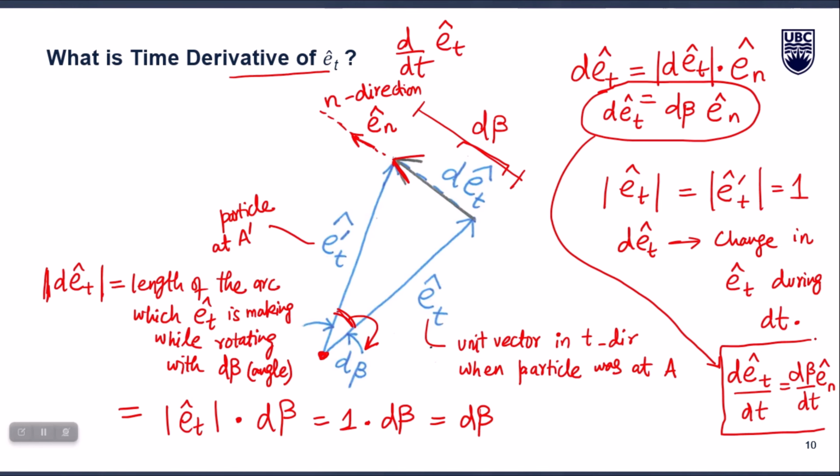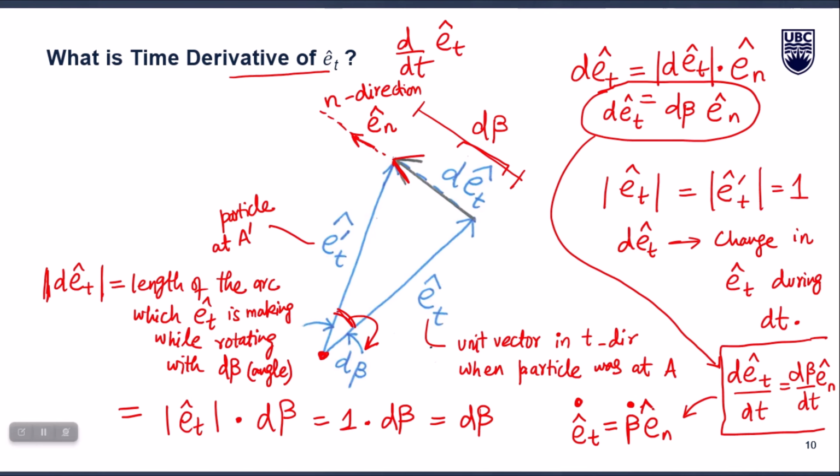Now I can put it back in my acceleration equation to complete the description of acceleration in n-t coordinates, right? So in the symbols which I was using earlier, this equation will finally become e sub t dot, the first derivative of the unit vector with respect to time, is equal to beta dot, the first derivative of beta with respect to time, times e sub n unit vector, right?